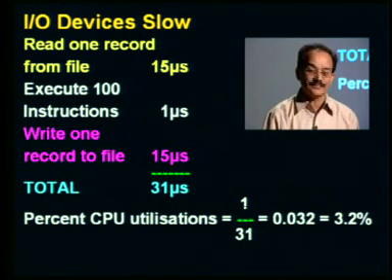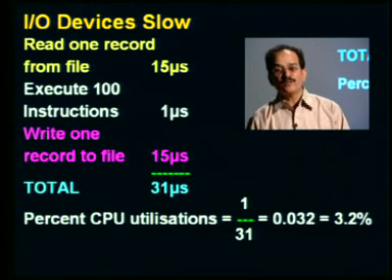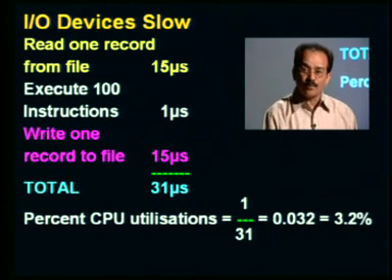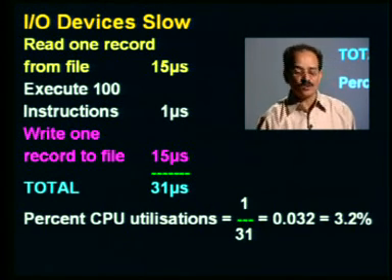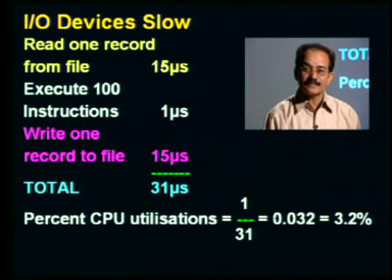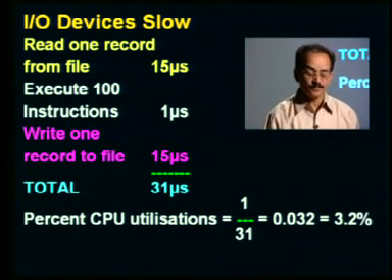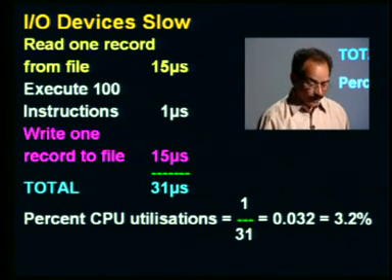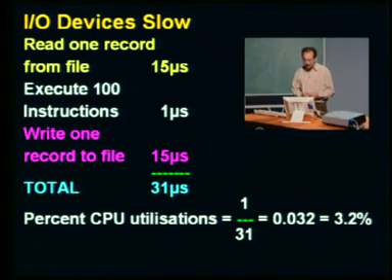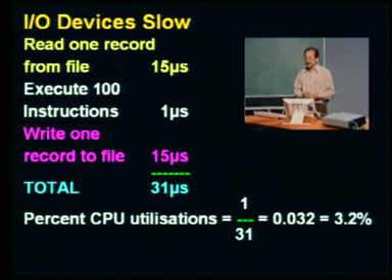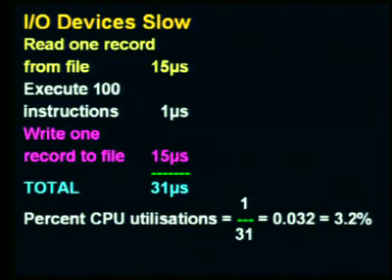Whereas executing an instruction is very fast. So what happens in this case is, the moment my job has gone to the IO processor, at that time my CPU is not doing anything. My system's percentage CPU utilization reduces to 3.2% in case I have this sort of process.